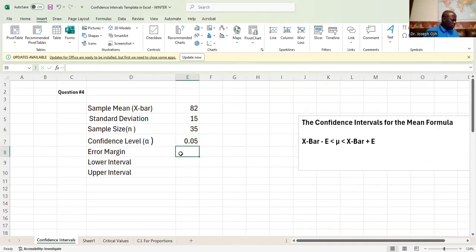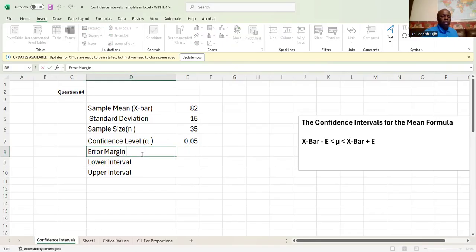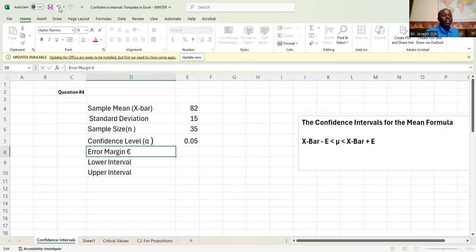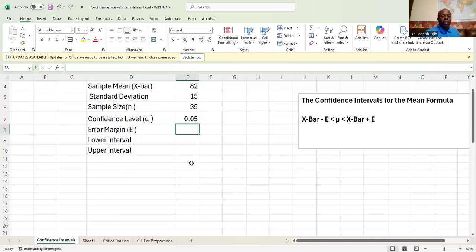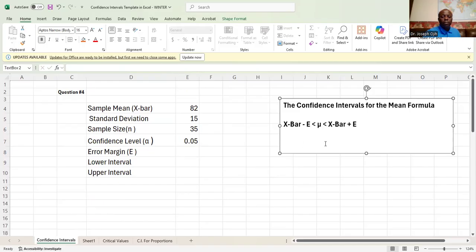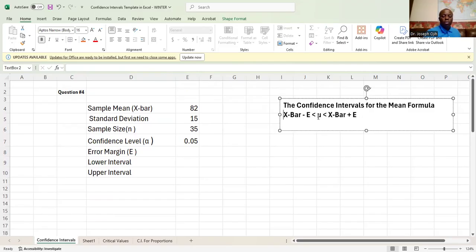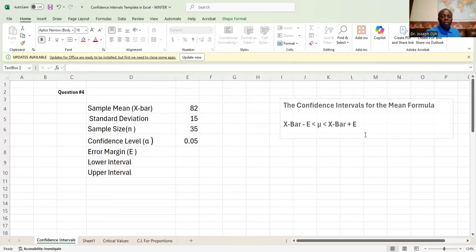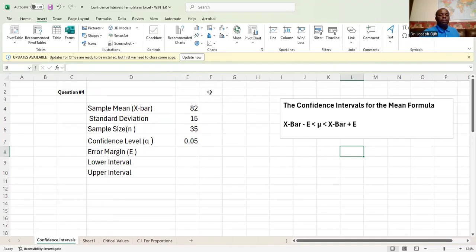So now with this we can get our error margin, which is the E. The formula we're going to use to get E, let me put it right here so you can see it.